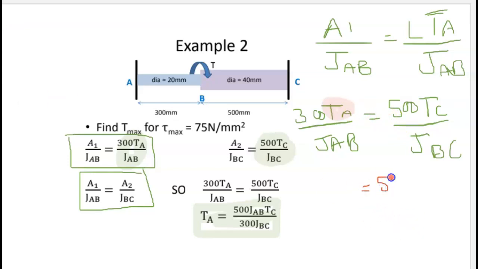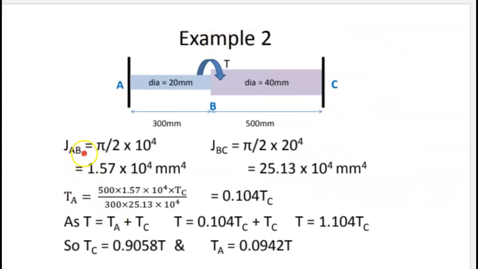So that is 500 torque C over JBC, multiplied by this 300, which is up, it comes down. This JAB is down, it comes up. If we flip on the other side, that's equal to TA. And that will be what we got. Now what I'm going to do is put the values and get the answer. Once I got that one, I need to find out the value of JAB.